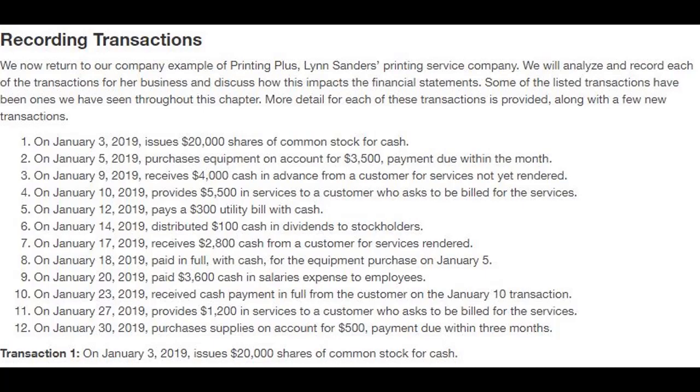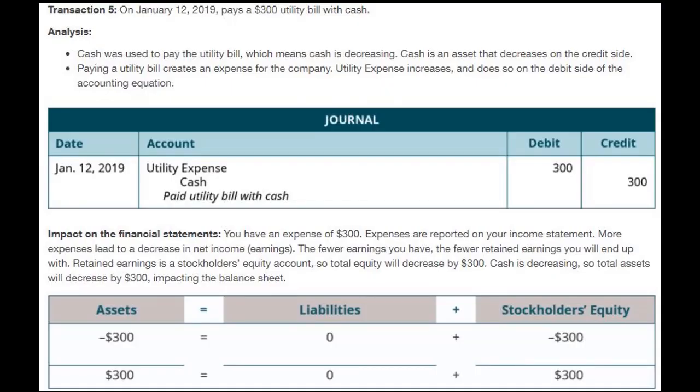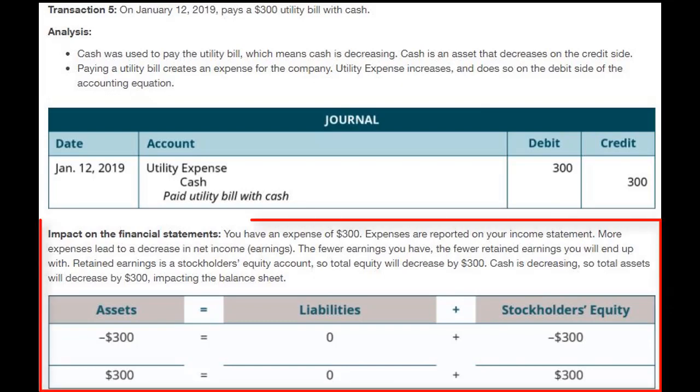What the textbook does is as follows. They show you the debit and the credit in journal entry format, and then they show you how the transaction affects the chart that we talked through at the end of chapter 2.